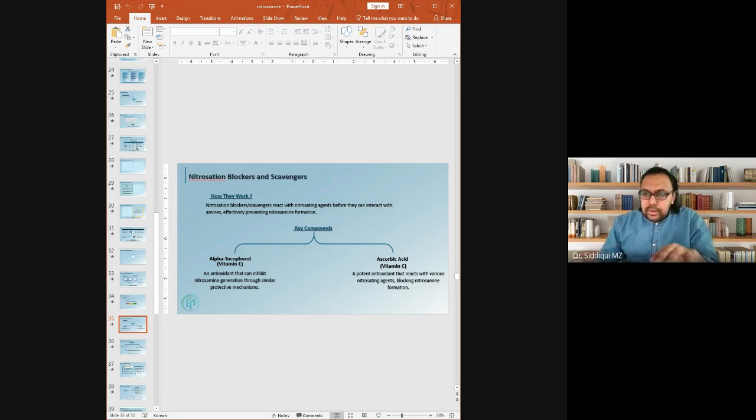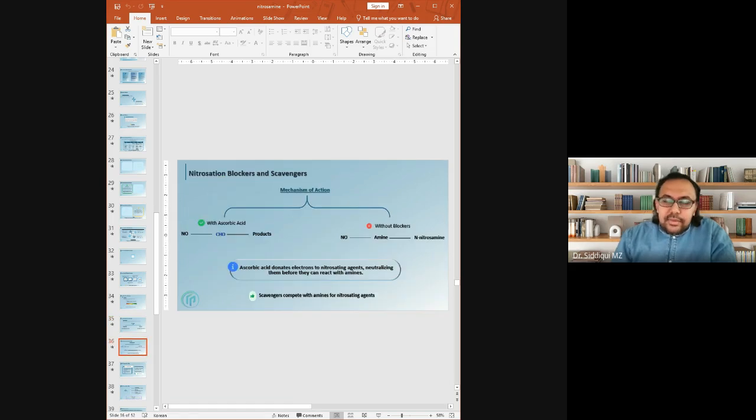So the two most famous ones are ascorbic acid, which is a potent antioxidant and reacts with various nitrosating agents to block the nitrosamine formation. The second one is alpha tocopherol, which is vitamin E, also an antioxidant. There are various antioxidants that you can use, and they have been mentioned in the FDA guideline with their daily intake limits also.